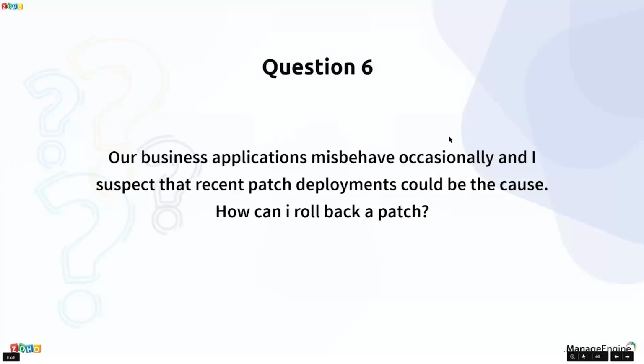Our business applications misbehave occasionally, and I suspect it is caused by the recent patch deployment activity. How can I roll back a patch? In general, Endpoint Central supports the rollback of Microsoft updates.